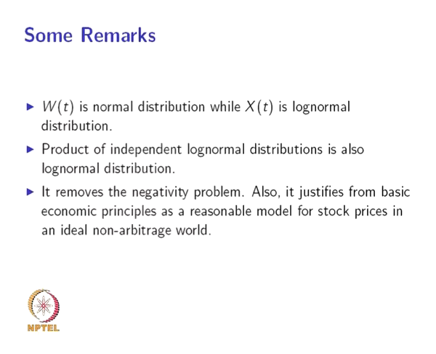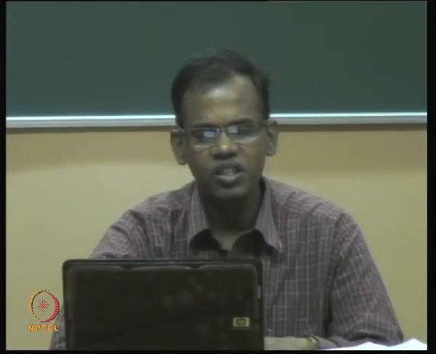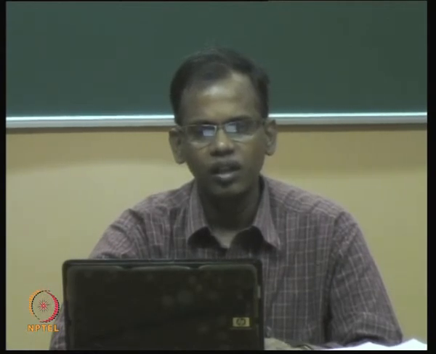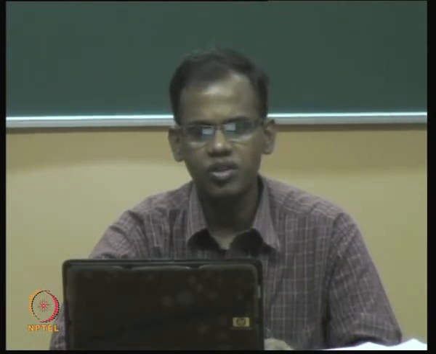Also, it is justified from the basic economic principles as a reasonable model for stock prices in an ideal non-arbitrage world. Hence it removes the negativity problem and takes non-negative values.